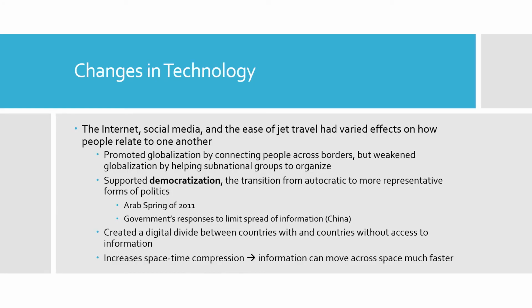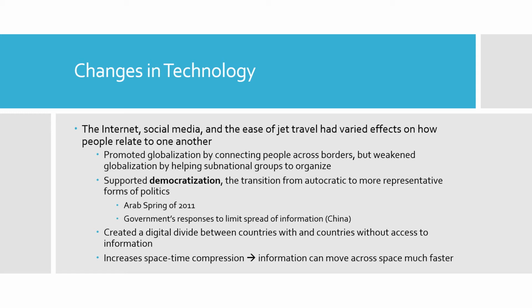All right, another thing that can occur with the challenges to sovereignty is any sort of change in technology, because that can change the way that people relate to one another and participate in the political process.